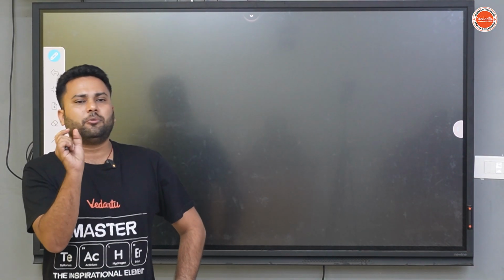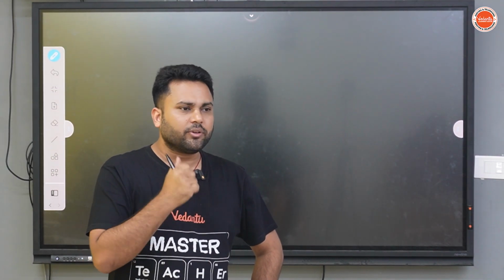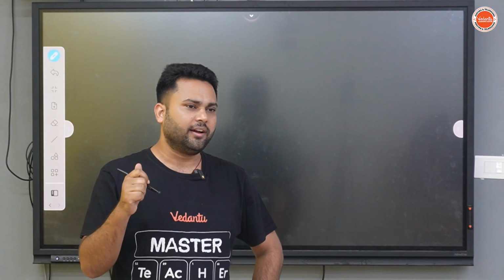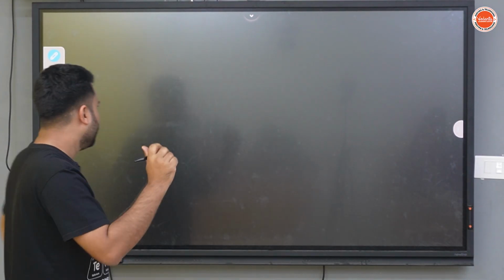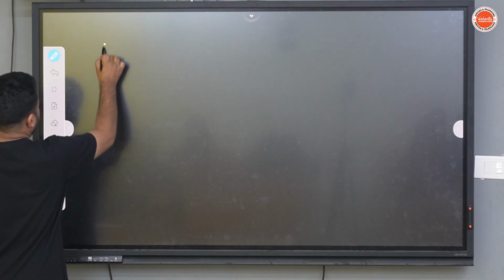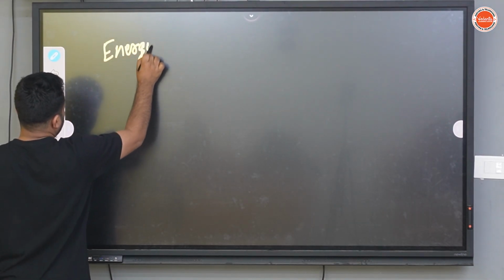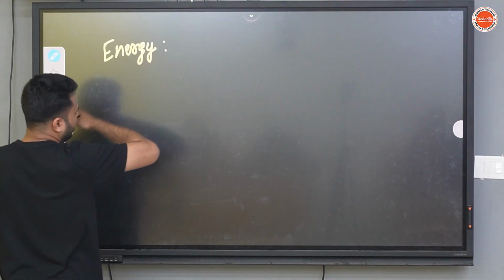Think of any formula of energy, any formula. Like we have a lot of formulas. You can think about kinetic energy. Kinetic energy is also energy, na? Potential energy is also energy, and the potential energy formula everyone remembers, mgh.